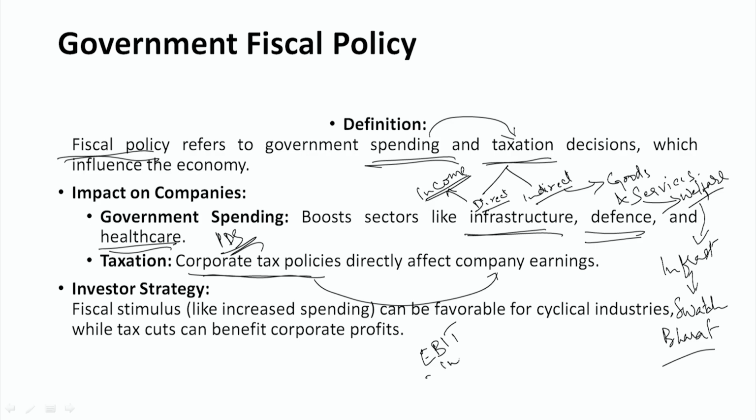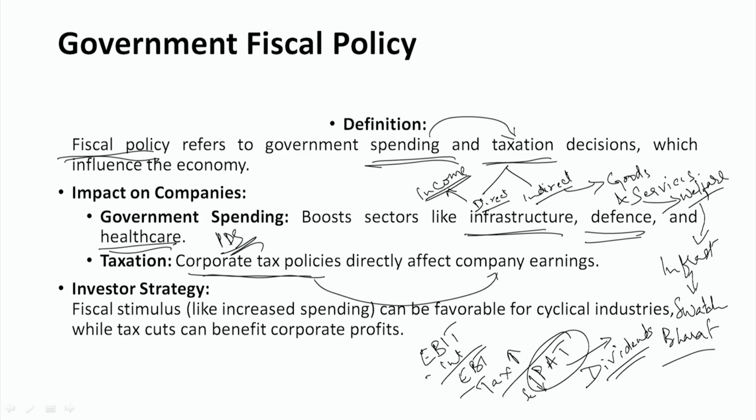On this I pay interest, and what is remaining is the earnings before tax, and then I pay tax. What is remaining is the profit after tax, and this profit after tax is used to pay dividends to the shareholders. So when the tax increases, automatically profit after tax will decrease. This is the impact taxation can have on corporate earnings.